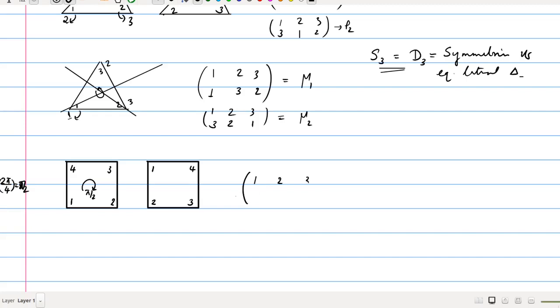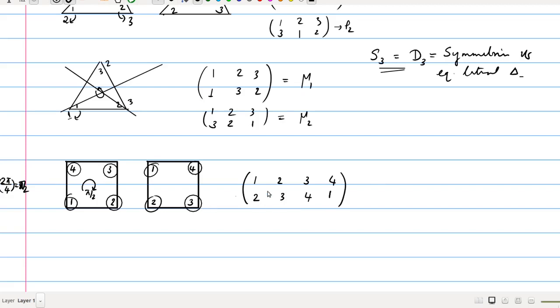Using this rotation you can define a new one-one function using the vertices. This square has 4 vertices 1, 2, 3, 4, and at the place of 1 now you can see 2, so 1 is mapped to 2, and at the place of 2 you can see 3, so 2 is mapped to 3, and at the place of 3 you can see the 4th vertex, and at the 4th vertex you can see the first vertex. So 4 is mapped to 1.